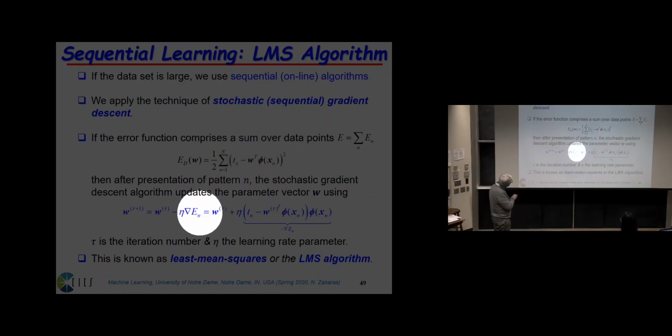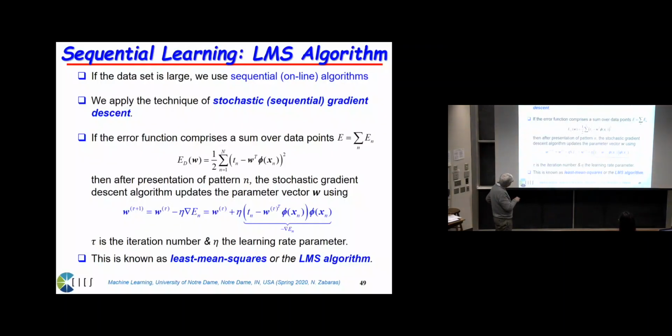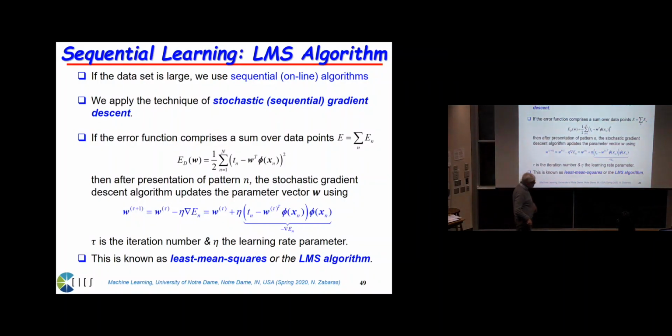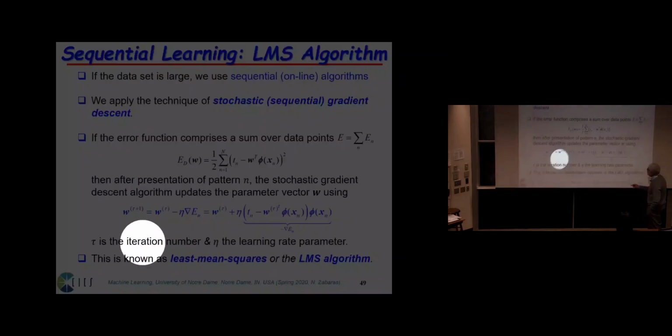You compute the gradient of this for that point, you put it in there, and eta is what is called a learning rate. And there are methodologies that tell you what to select for eta. So when you compute the gradient of this error function and you put it explicitly here, the parameters are updated with this simple formula.